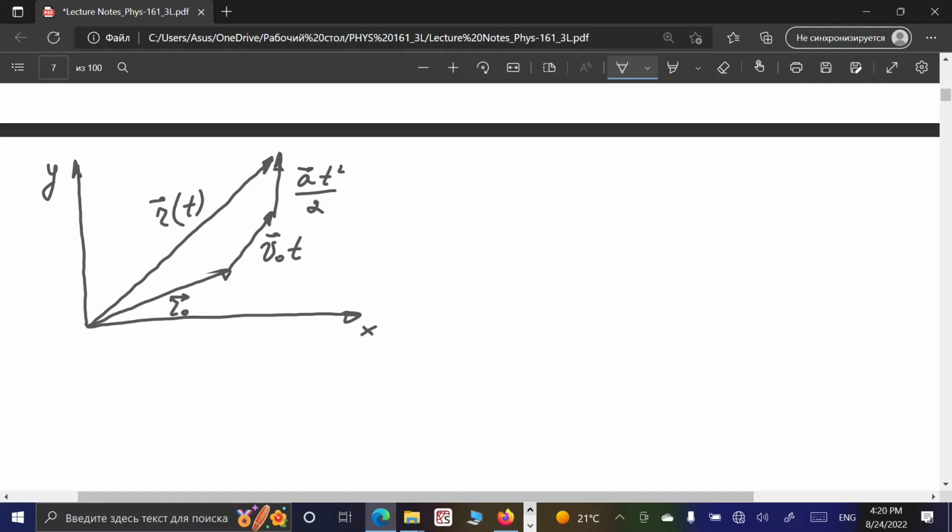So we have constant acceleration, which is acceleration of free fall pointed downwards, means in the opposite direction to the positive direction of axis y. So let us consider this in more detail and start with quantifying the conditions.